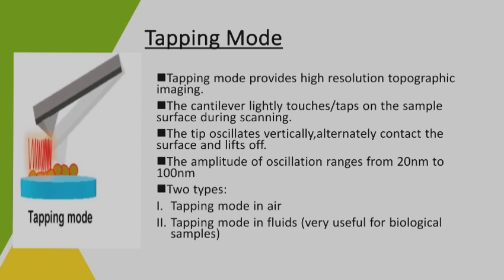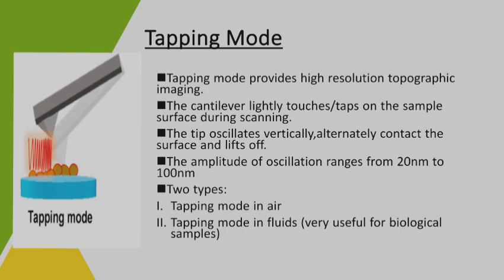Okay, tapping mode. This provides a high resolution topographic image. The cantilever lightly touches or taps on the sample during scanning. The tip oscillates vertically, contacts the surface alternately and then lifts off. The amplitude of oscillation in tapping mode ranges from 20 nanometers to 100 nanometers.